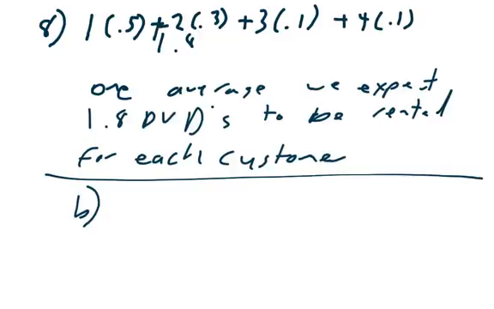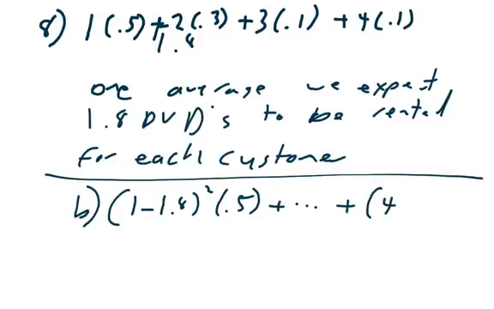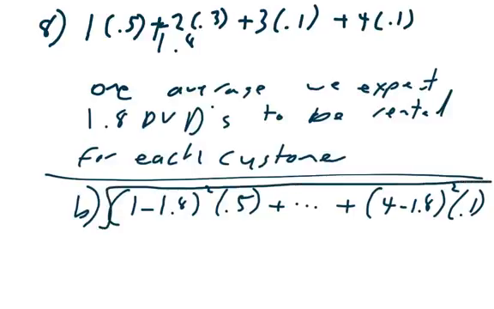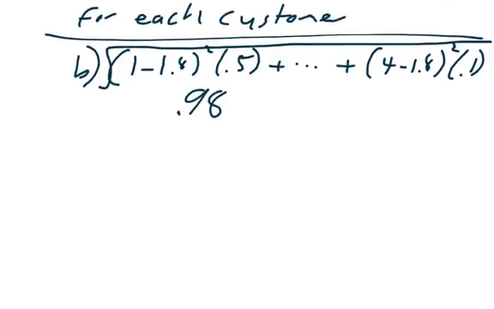For part B, it says interpret the standard deviation. So I'm doing (1 minus 1.8) squared times 0.5 plus and so on, up to (4 minus 1.8) squared times 0.1. And when I'm done with all of that, I'm going to square root it. And that gives me 0.98 DVDs on average.